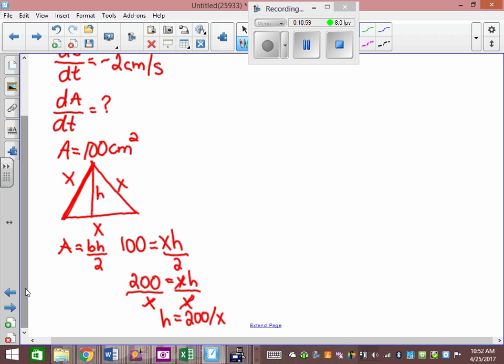So then when I use my formula, area equals, whoa, I'm going into different forms. I can substitute that in for h now. For b, I'm going to substitute in x, and for a, I'm not going to substitute anything, right? So A equals x times 200 over x.